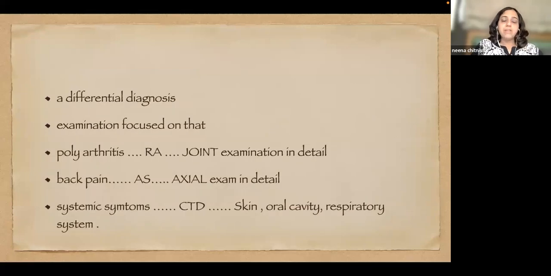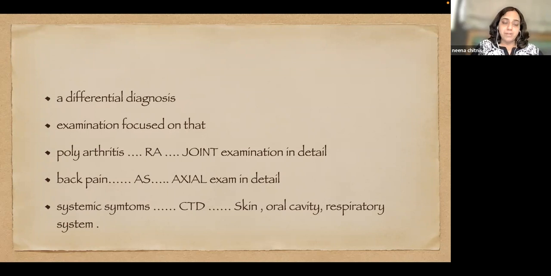So when you're taking a good history, at the same time, somewhere in your head, you're making a note of your differential diagnosis. So when the patient is telling you about the complaints, little by little, you are making a list of all the DDs, what the patient could have. When you're doing an examination, your examination is going to be focused on that differential diagnosis, in detail, on what you have suspected.